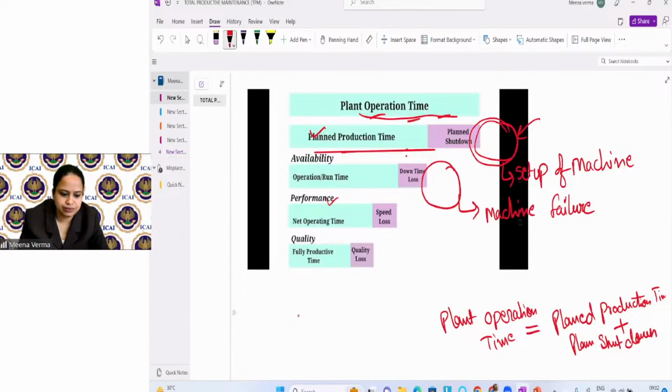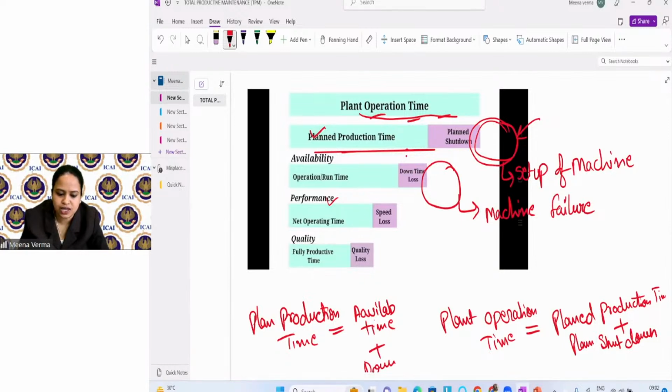Availability time. So here planned production time will be equal to availability time plus downtime.